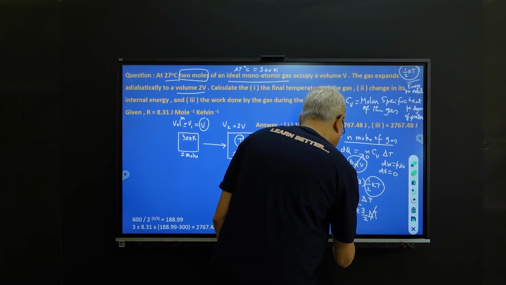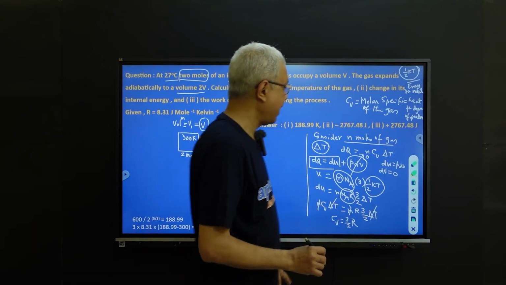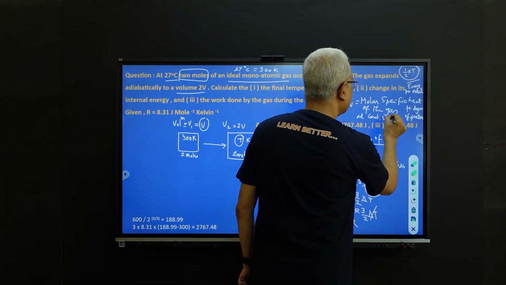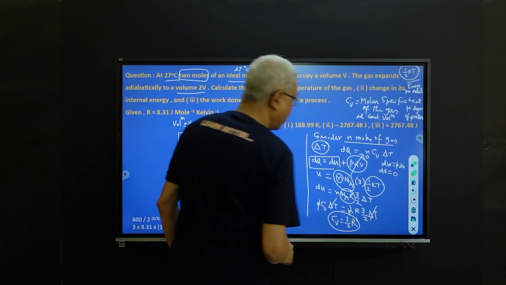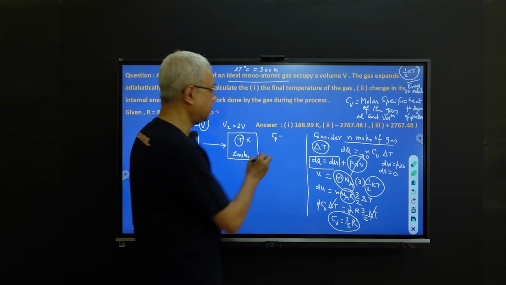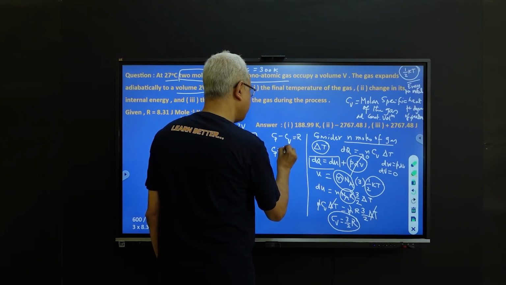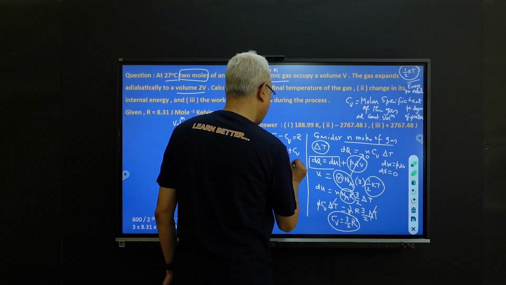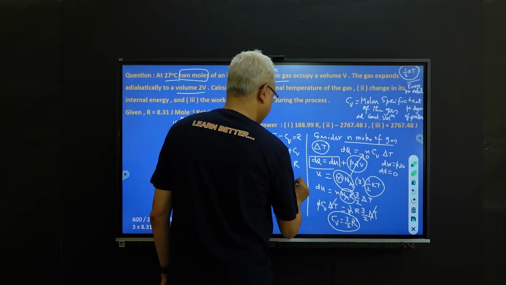So Cv is 3/2 R. Cv is the molar specific heat of the gas at constant volume, and that value is 3/2 R. Now Cp, the molar specific heat of the gas at constant pressure: Cp minus Cv, we know, is R. So Cp is R plus Cv, and in this case Cv is 3/2 R, so it is 5/2 R. So Cp by Cv, which we call gamma, is actually 5/3.